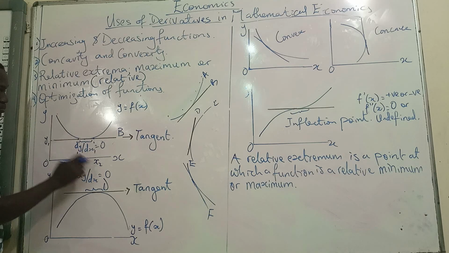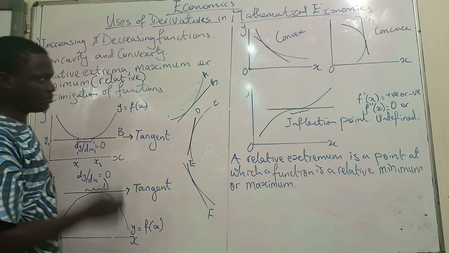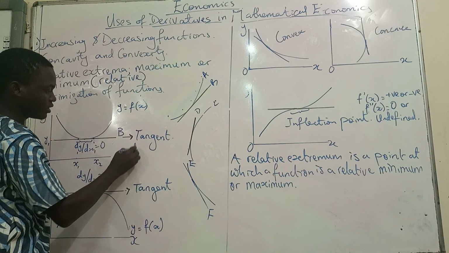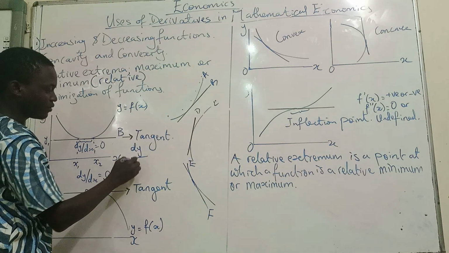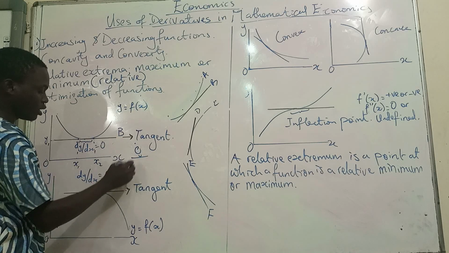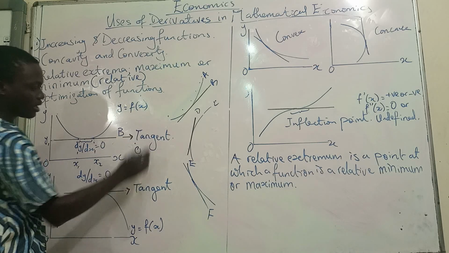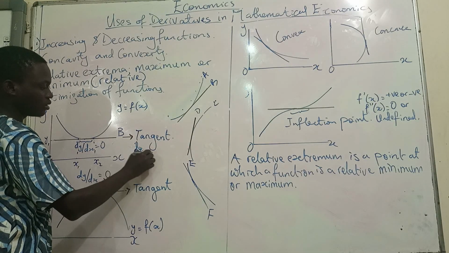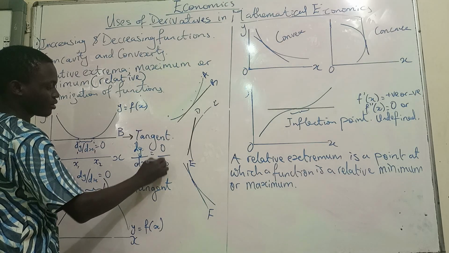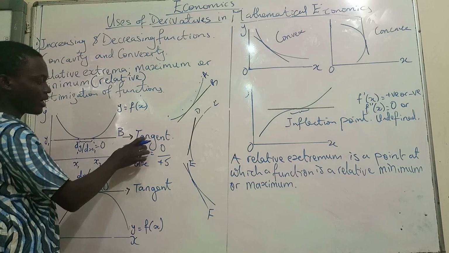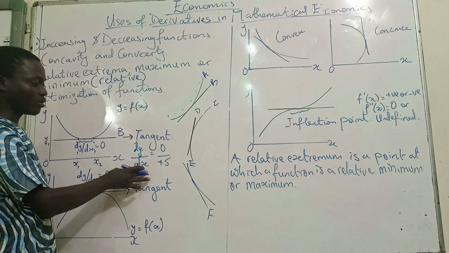That simply means, if we have no change in y, that is 0, but we have a change in x, which is positive. Let me write change in y: this is 0, and this, let's say, plus 5, for example. Now 0 divided by this is 0. The other way around, if we have a change in y and we don't have a change in x, that's going to be undefined.